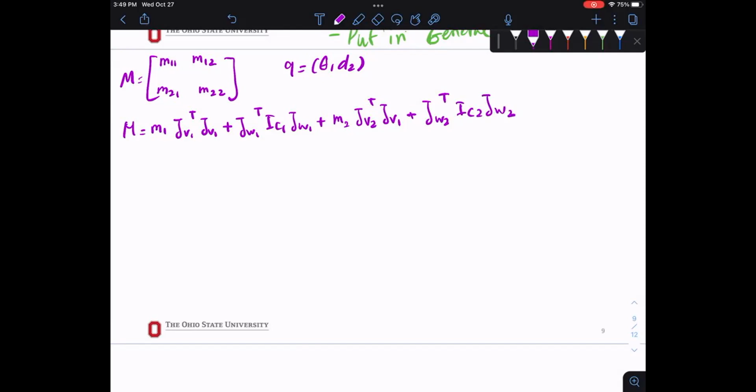So I know I need 4 Jacobians. Oh, these are transposes, so you don't actually need to do anything extra. 1, 2, 3, 4. I was right, I need 4 of them.